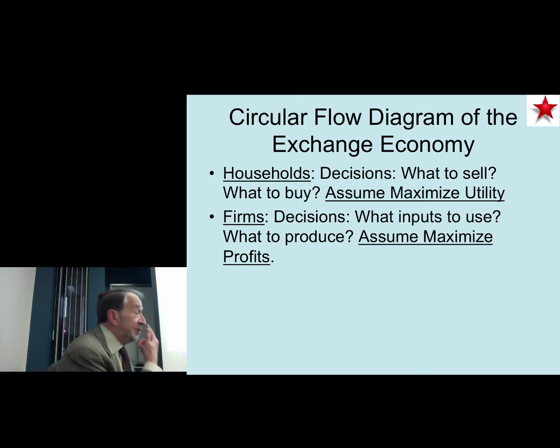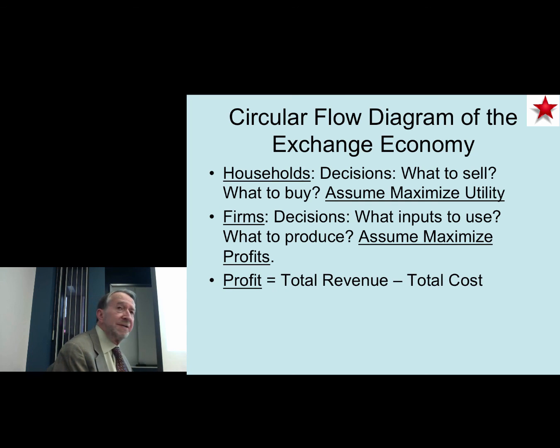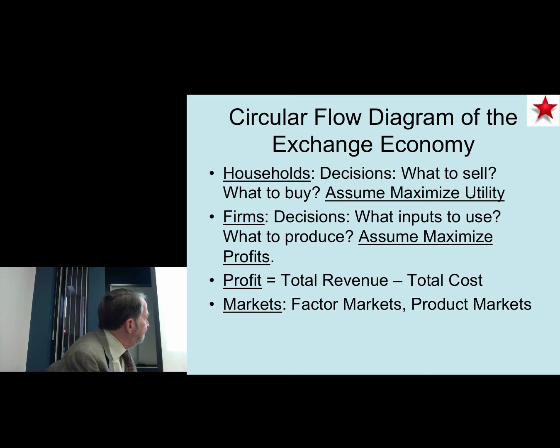Business firms are assumed to be maximizing economic profit. And profit, as you know, is the flow of revenue coming in minus the economic cost of the resources being used.